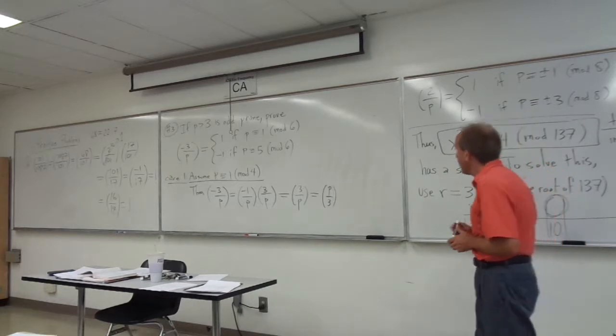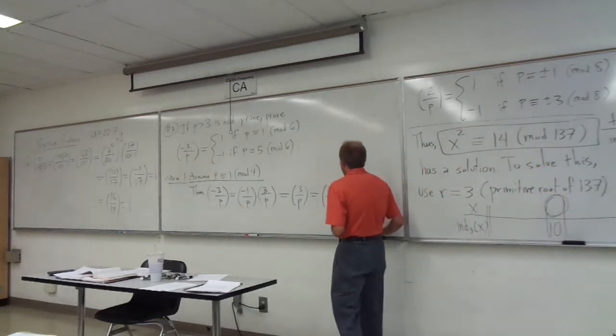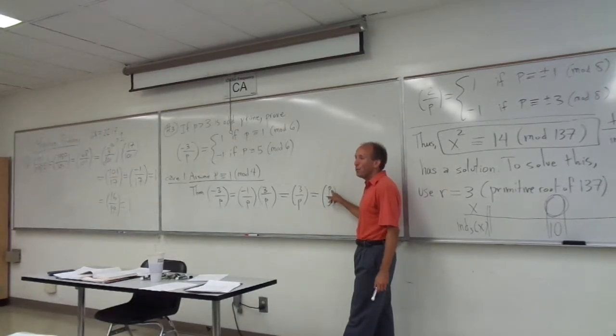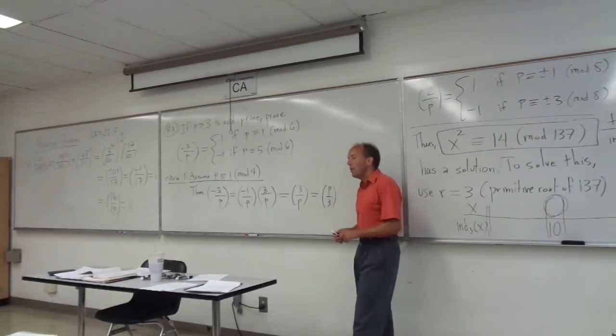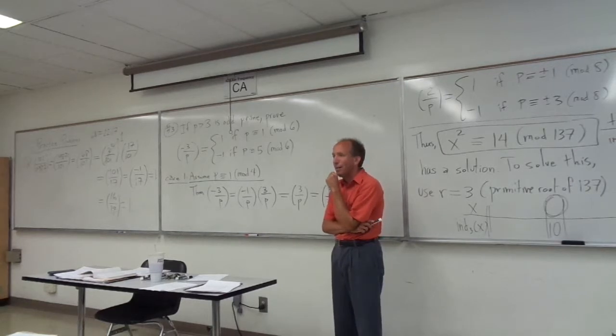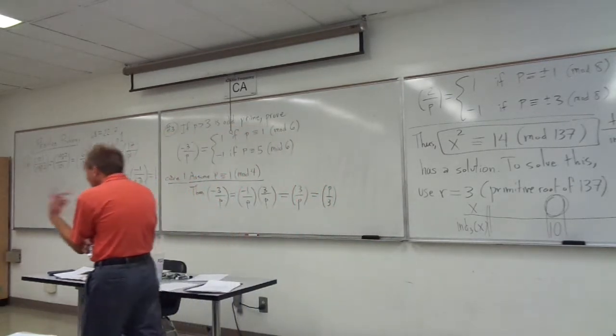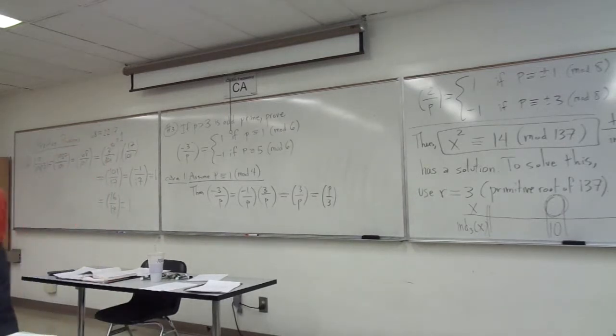Okay? So we have that. And now we have to figure out whether p is a quadratic residue in mod 3 or not. Well, what are the quadratic residues in mod 3? I mean, mod 3 is a very small world. So if we take 1 squared, we get 1. If we take 2 squared, we get 1 in mod 3, right?